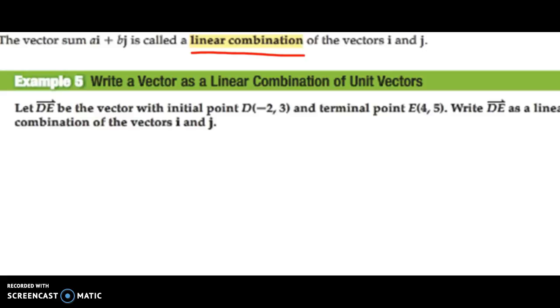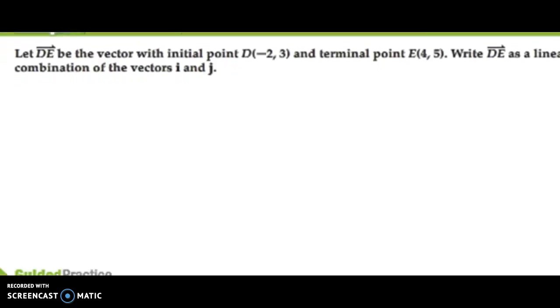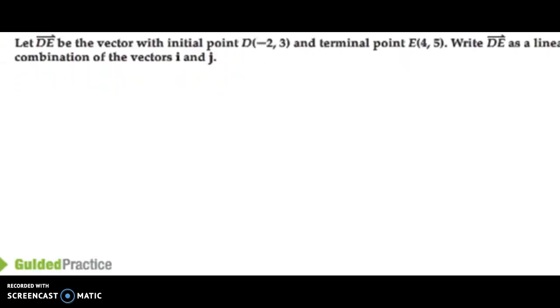So if we look at example 5, it says let DE be some vector with initial point -2, 3 and terminal point 4, 5. Write DE as a linear combination of the vectors i and j. So we need to first figure out our components of DE. To figure out what DE is in component form, remember what we did.